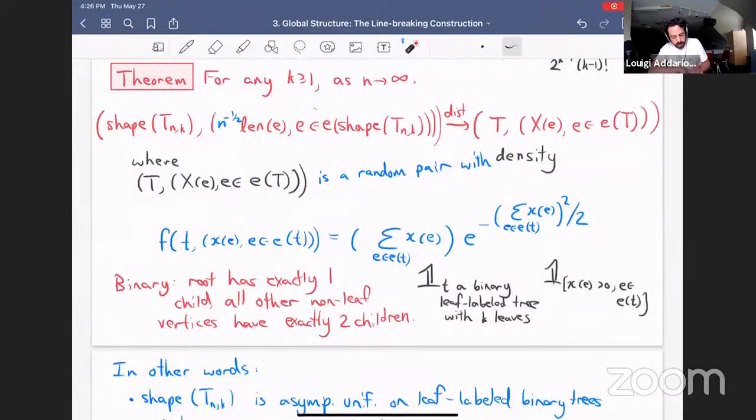It's natural in this statement to index the edge lengths by the tree.